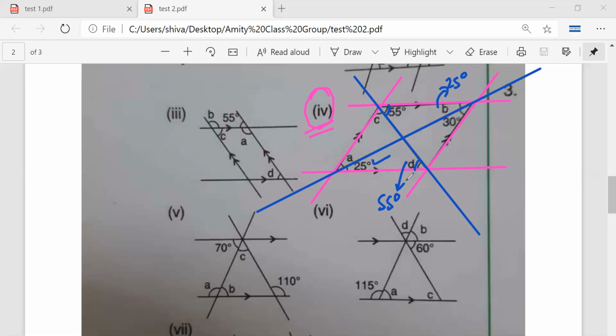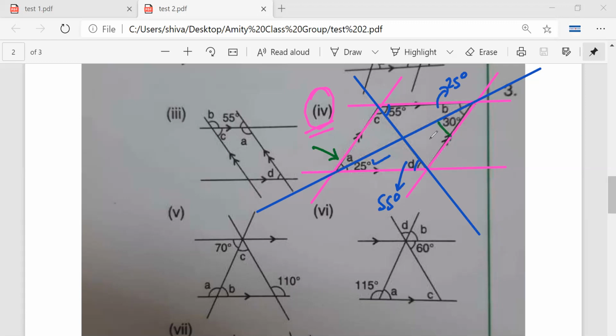Now what is remaining? A is remaining. How should I find A? Mr. Satya, how can I find A? Sir, it will be 30. It will be 30. Why? Because the Z is being formed here like this.